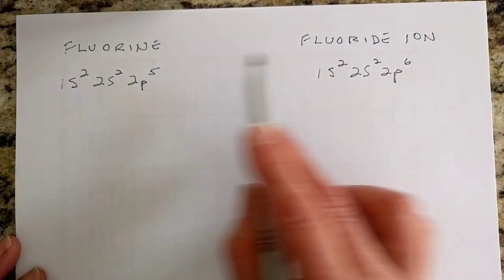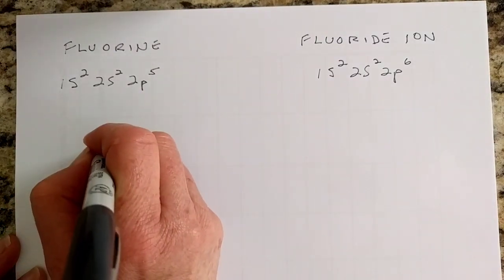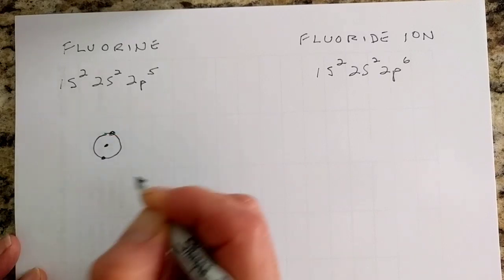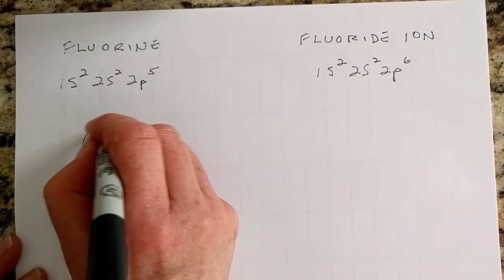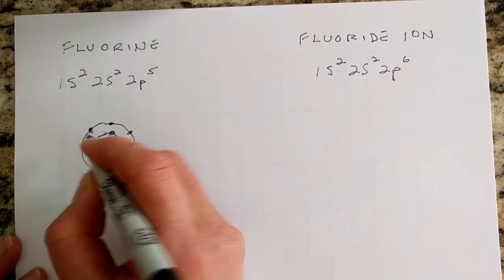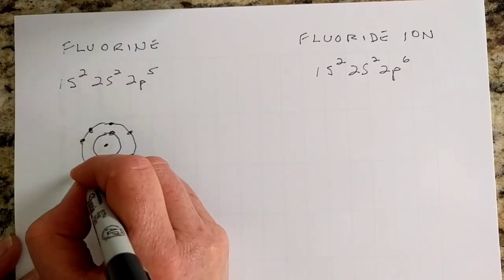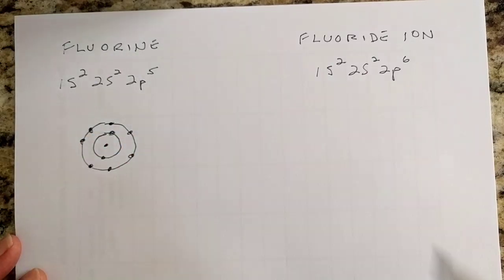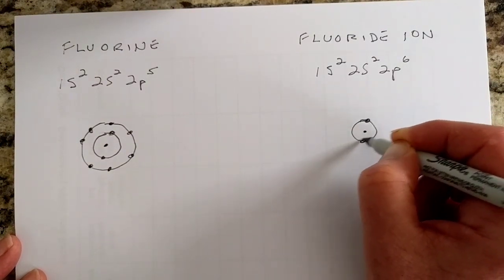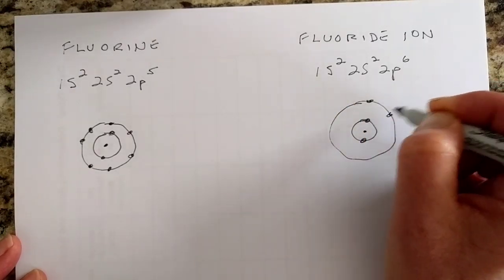The fluoride ion gains 1 electron into its valence shell. So if we draw that, we have 2 electrons in the first level and 5 electrons in the second level, 7 electrons. The fluoride ion has those 2 electrons in its first level, and now it has 8 electrons in its second level.